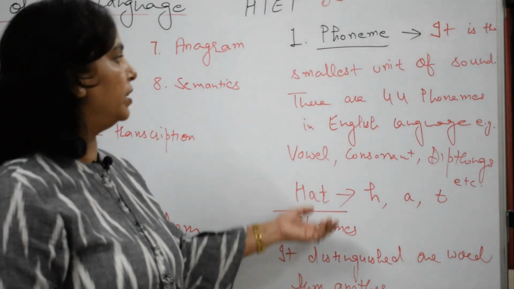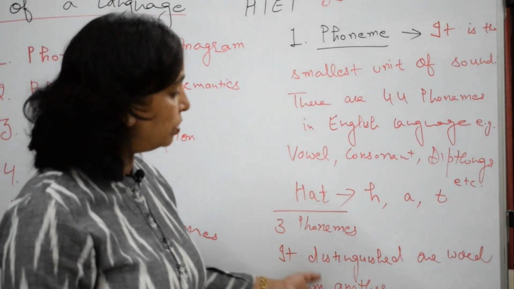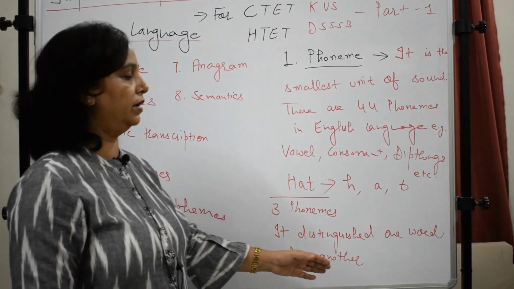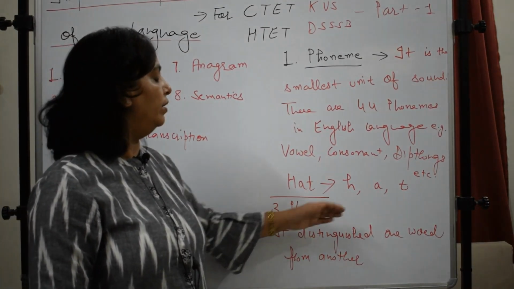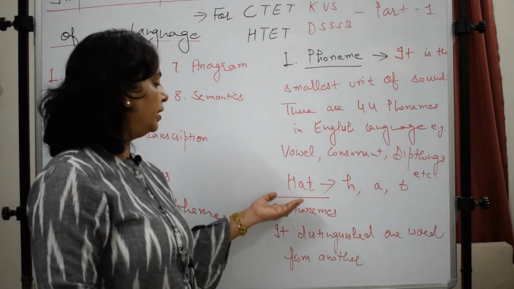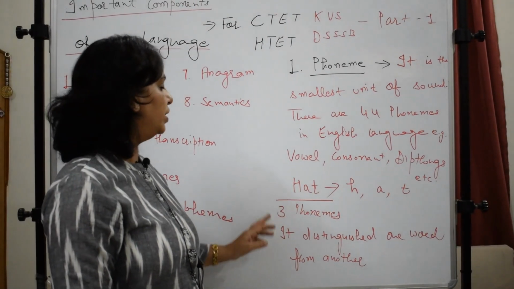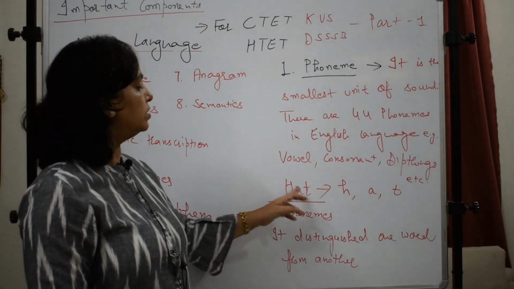There are three phonemes in this word. So this is the phoneme, and a phoneme distinguishes one word from another. When these three alphabets are collected in one word, it becomes a complete meaningful word, that is hat. So there are three phonemes in this word.